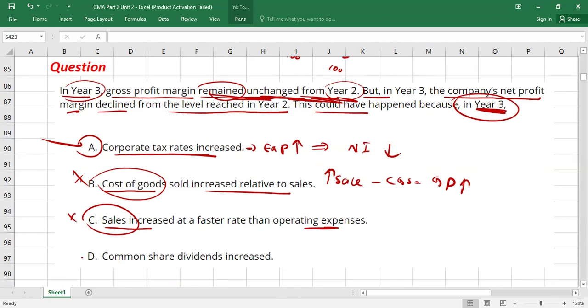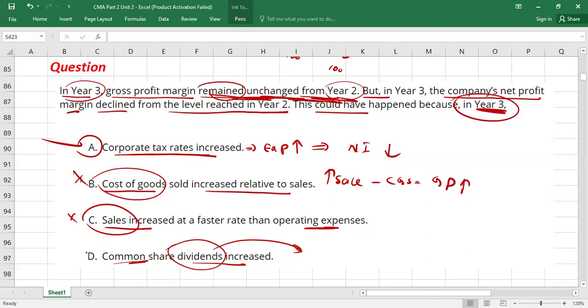Then we have the next option. They're saying common share dividend increased. Please remember, guys, dividend payments to the shareholders are never recorded in the income statement. Please note this point. Have you ever seen a dividend expense in the income statement? No, we don't record any dividend expense. So common share dividend increase means we are paying more dividend to the shareholders. Even if you are paying more or less, it won't affect your income statement.